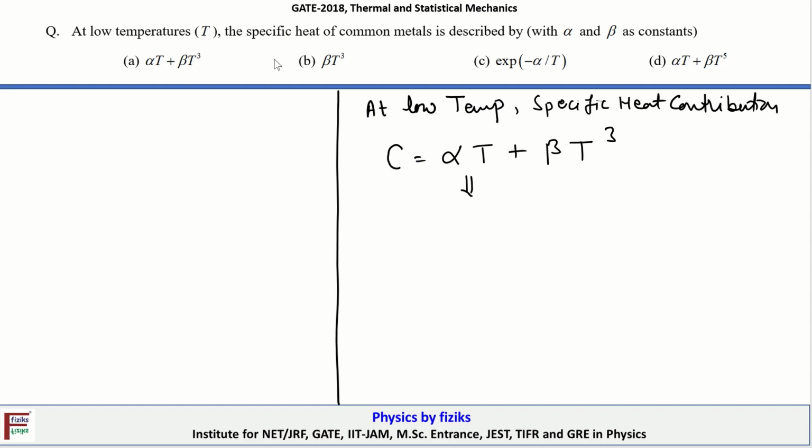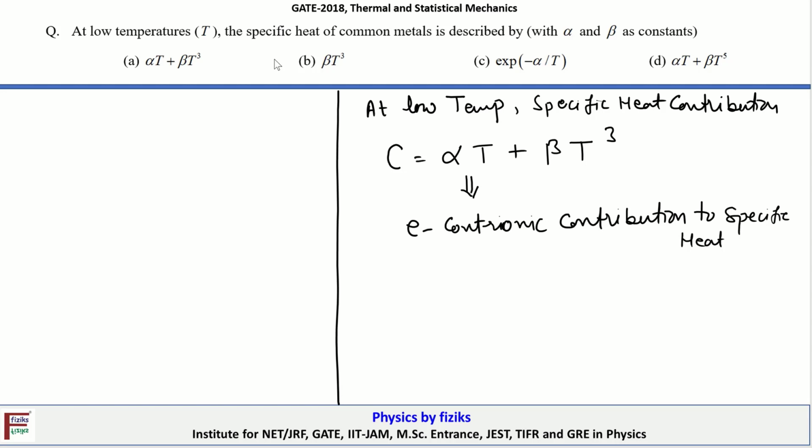So the linear term in the temperature arises from the electronic contribution to the specific heat.